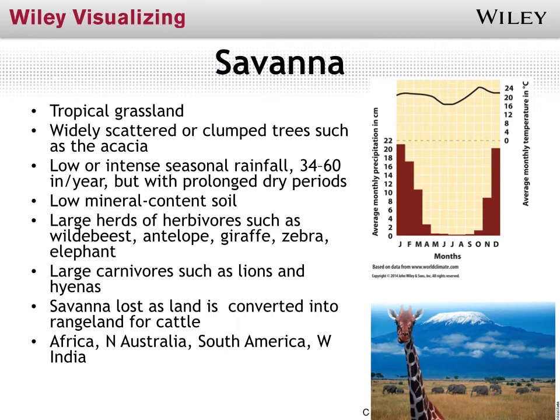Again, like our grasslands in the United States, a lot of the savannas have been converted to cattle grazing, and so then that decreases the amount of habitat for the native species. So these areas are scattered throughout Africa, parts of Australia and South America, West India, but not really any true savannas in the United States.